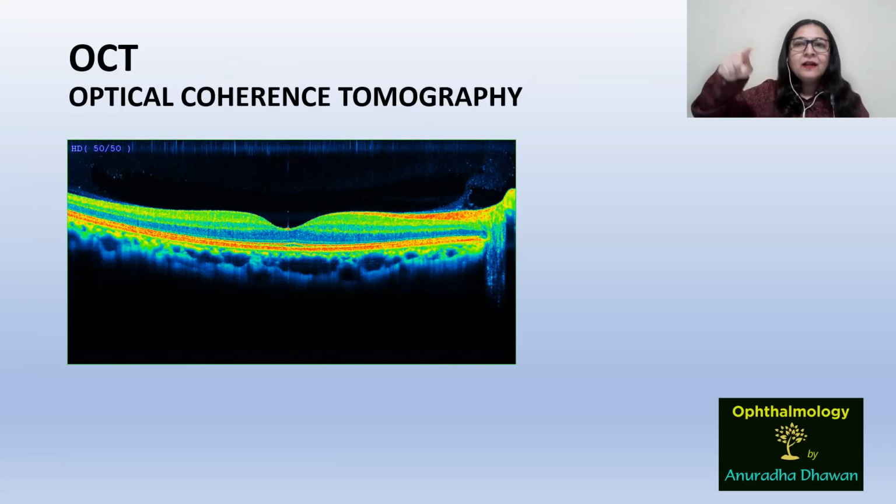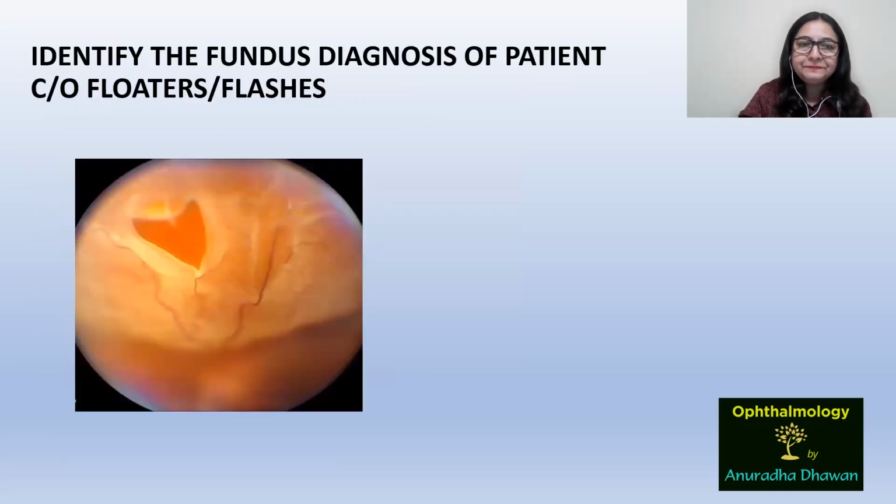And this central curve which you are seeing is your foveal depression that represents the central part of the macula, which is fovea. Okay, so please remember this investigation. This is optical coherence tomography. Optical coherence tomography is the investigation of choice for macular edema.